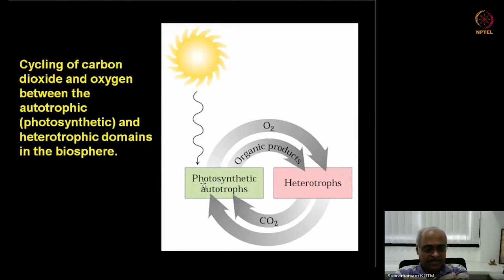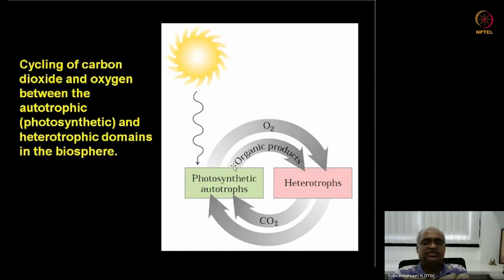And the autotrophs that use the sun's energy are the photosynthetic ones, like plants, cyanobacteria, and so on. And these are going to, under the influence of the sun's energy, convert carbon dioxide and water into major organic molecules that we have learned about in the last 13 classes. And why do they make them?